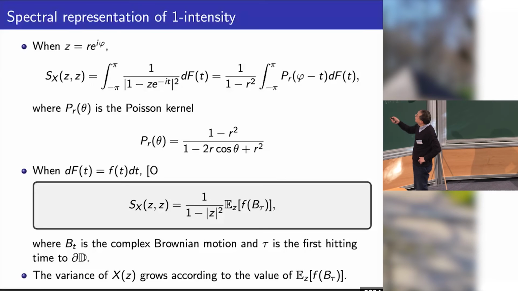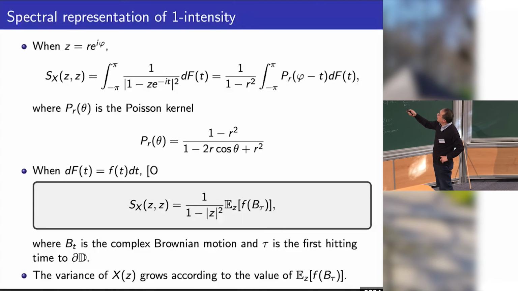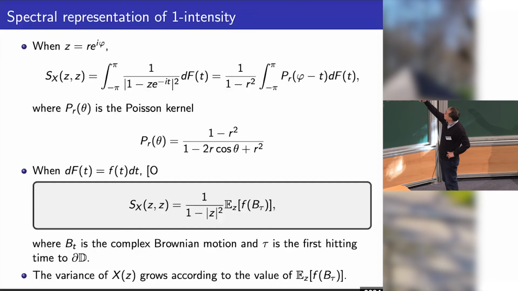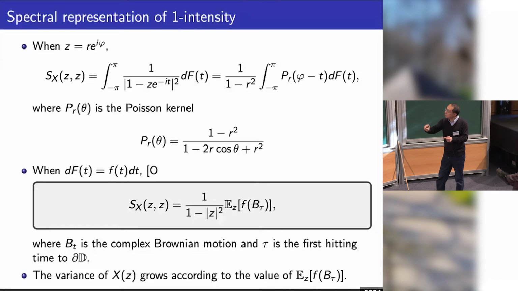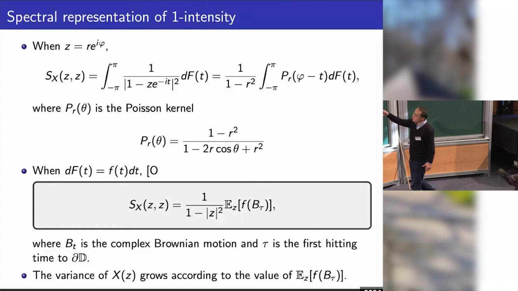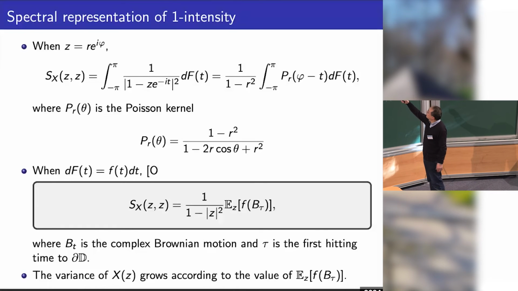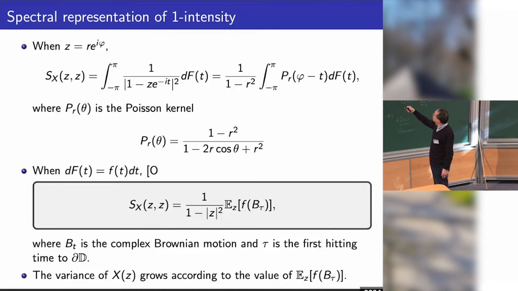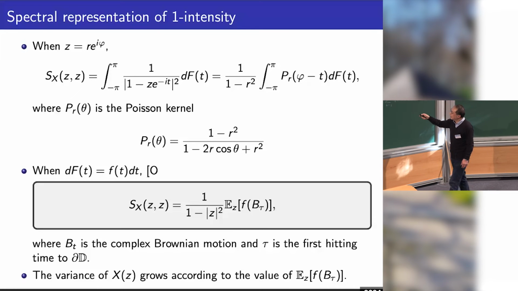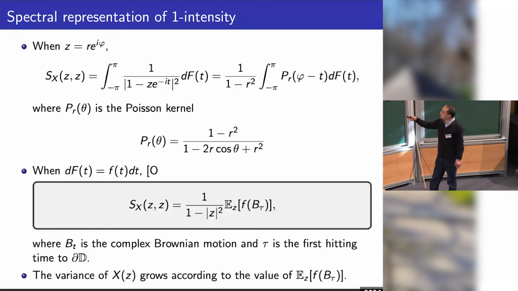We are looking at the diagonal part of this covariance kernel. Then the Poisson kernel appears here, and here also you have 1 minus r square. So if the point z approaches the boundary, then the variance of this process diverges because of this term. We also have another representation of the diagonal part of the covariance kernel.